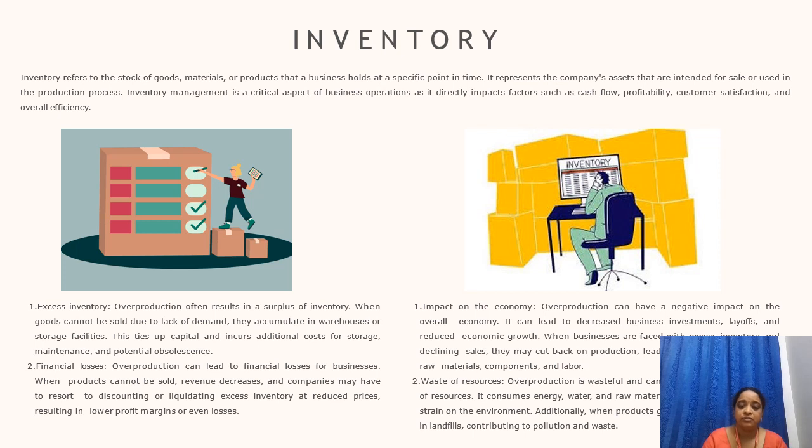When goods cannot be sold due to lack of demand, they accumulate in warehouses or storage facilities, and overproduction can lead to financial losses. The industry will be forced to overproduce due to this excess inventory, which in turn leads to financial losses for the business. This naturally has an impact on the economy, and the waste of resources results in overproduction.